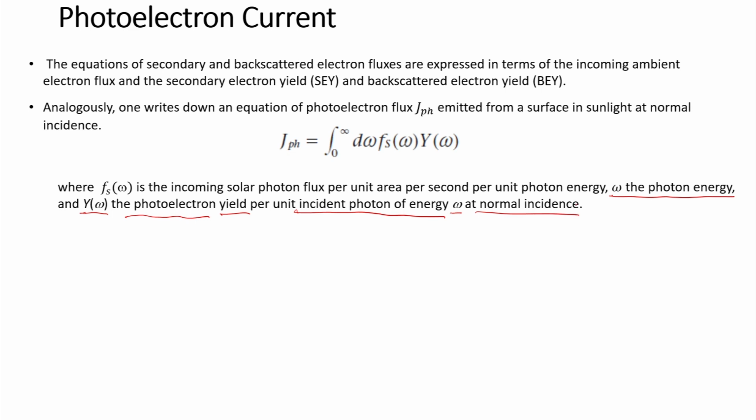Here normal incidence is considered, the way I discussed it was done for SUI and BUI. Similarly, here also arbitrary incidence angle is not considered. So, these are all the types of currents, starting from the primary currents, then the secondary currents, then the backscattered current, and photoemission.